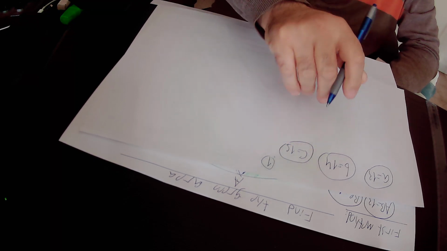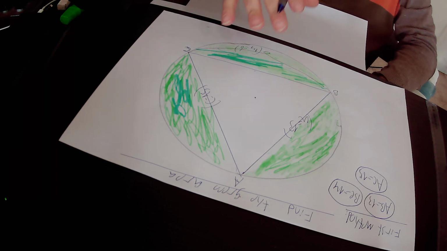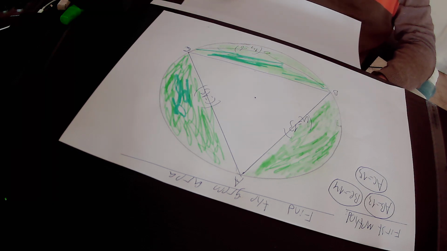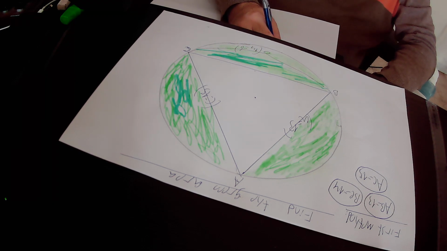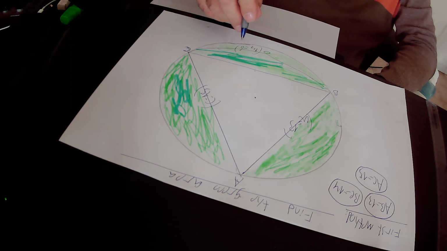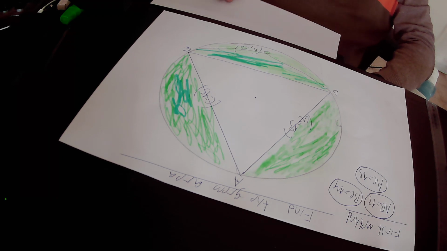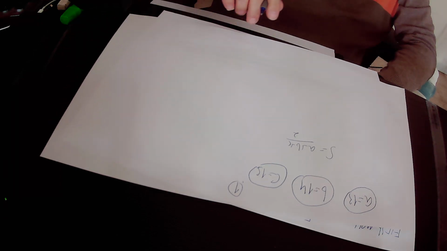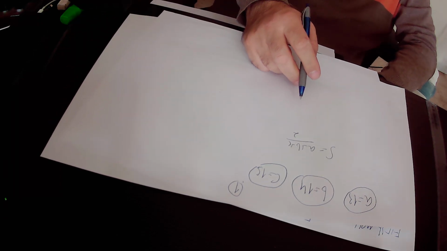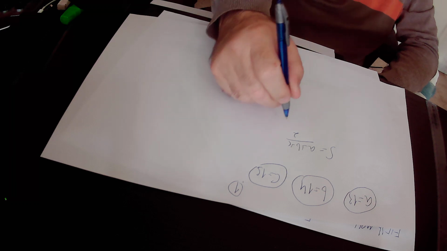In the next step, we'll find the semi-perimeter of this triangle ABC. So the semi-perimeter S equals A plus B plus C over 2. Repeat again, the semi-perimeter S of our triangle ABC equals A plus B plus C over 2.